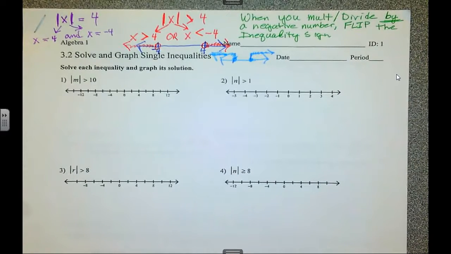Less than's are going to go in between. Okay. Yeah, it's going to shade in between the dots. And that's on page 2 or 3. So let's do a couple of examples.